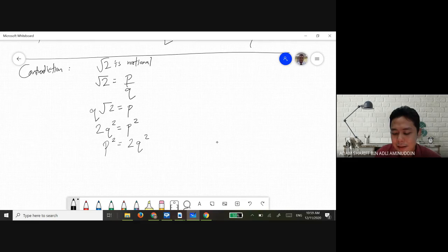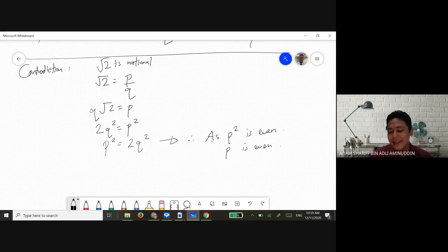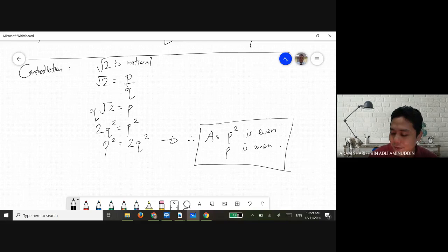So, what this implies is that as p squared is even, p is even. You can prove it by lemma, corollary. This is a proof I don't want to show. You can actually prove it yourself, but I don't want to prove it here, by using the indirect method of course.